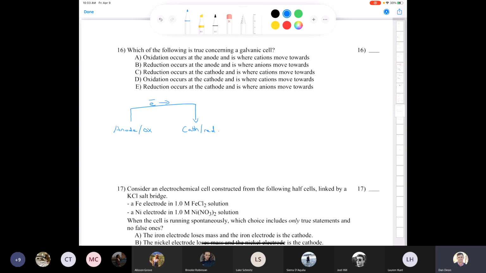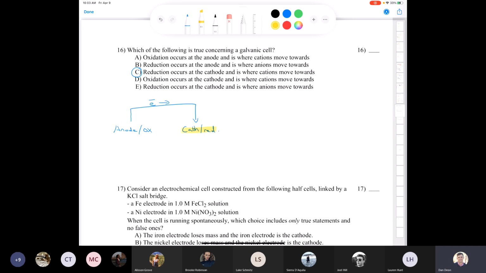Now, we have a bunch of different options here. If we look at C, it says reduction occurs at the cathode. That makes sense because we know that we have an ox and red cat, so the reduction occurs at the cathode. That is correct. And then it says this is where cations move towards.